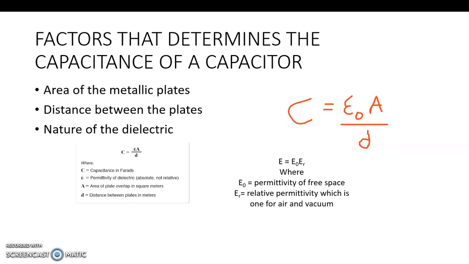Now, please do not forget that we have C is equal to Q all over V. So it will mean also that the capacitance of a capacitor is inversely proportional to the potential difference across the capacitor. Okay, these two are inversely proportional, but the Q and V are directly proportional. So please note that it's very, very important.